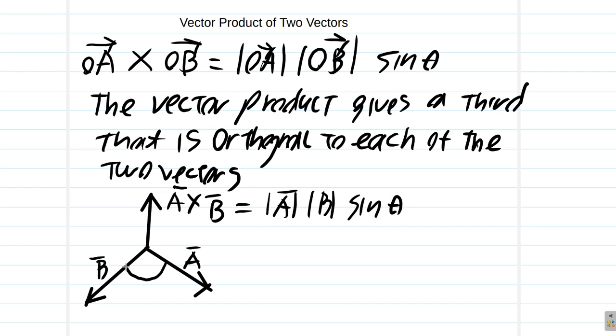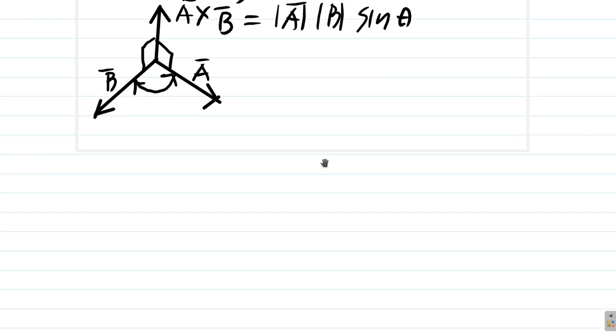This angle is this. Alright? Now, this third vector is at 90 degrees to each of the other two vectors, right?